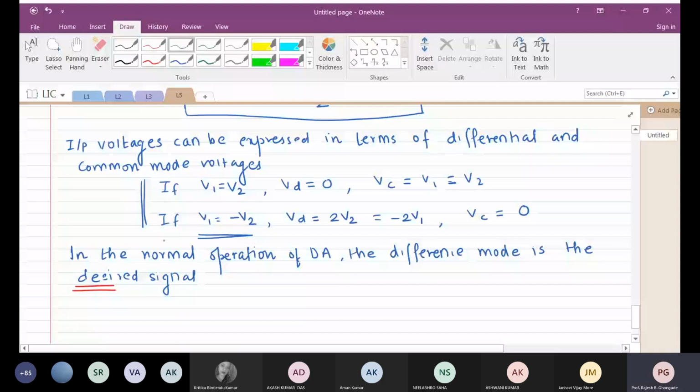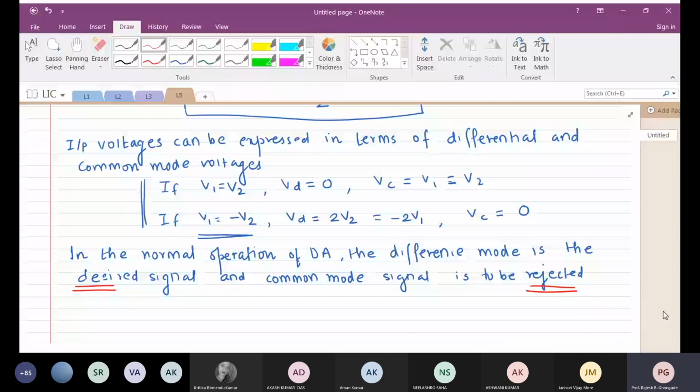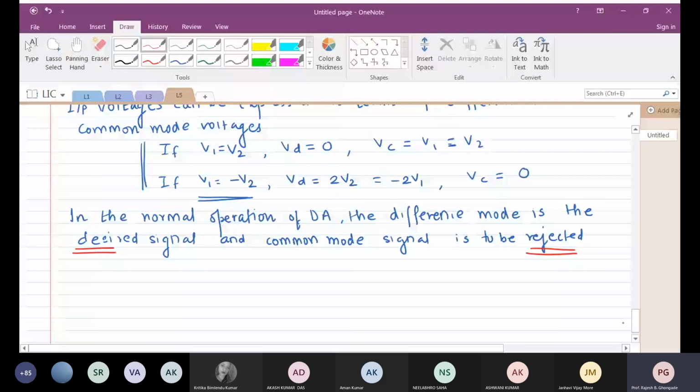And the common mode signal is to be rejected. Remember this very carefully. So whenever you want to use the differential amplifier, the differential mode voltage is the desired signal, whereas the common mode signal is to be rejected or attenuated.